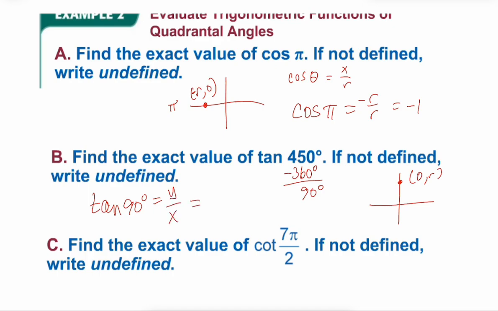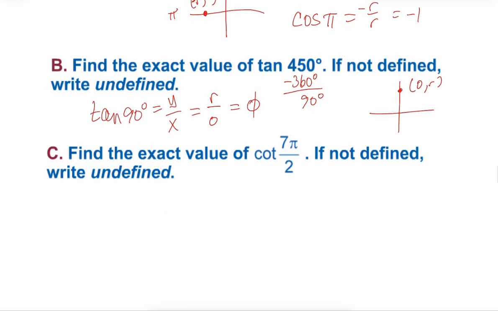So the y value is r, the x value is 0, it is undefined. So if you were to put the tangent of 450 or the tangent of 90 into a calculator, it would say undefined. It would say, hey, that's not possible, that doesn't work. So that is what you would expect for 450.